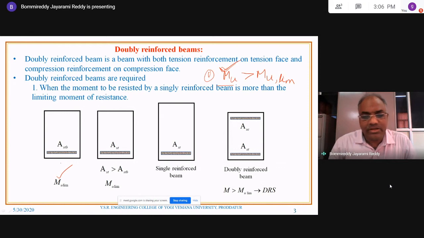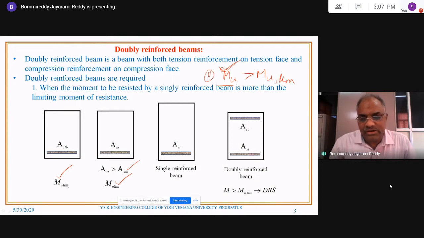Corresponding to this, the moment carrying capacity will be Mu limit. If you provide Ast more than Ast balanced, the moment carrying capacity is also Mu limit. That means because of the increase of steel reinforcement, there is no increase in moment carrying capacity.